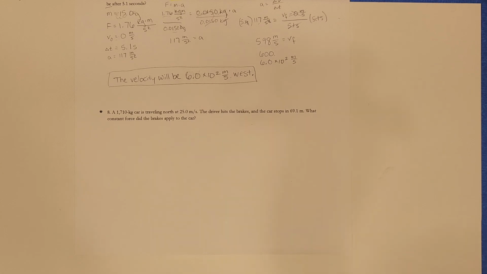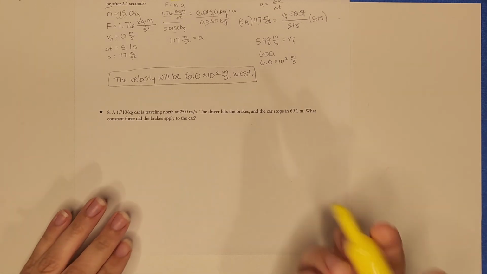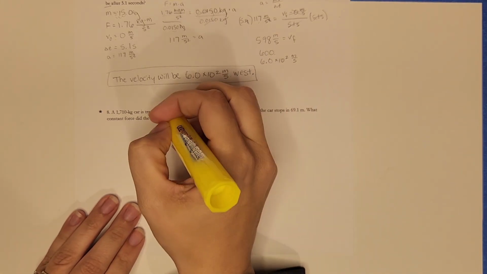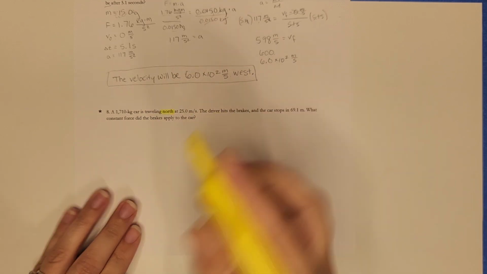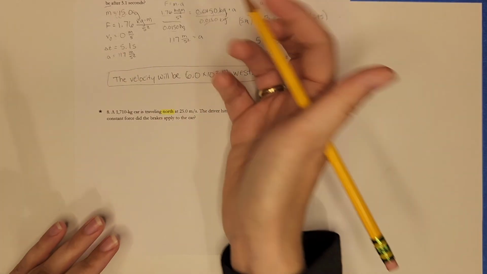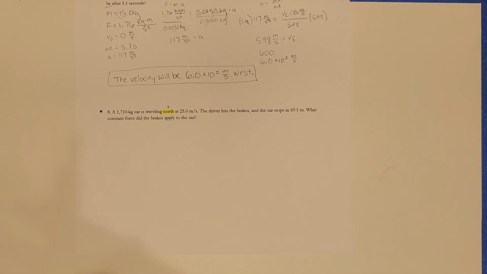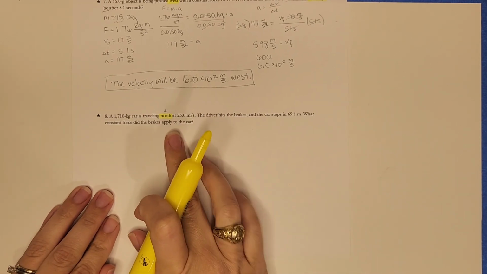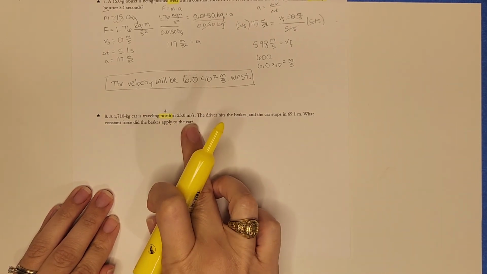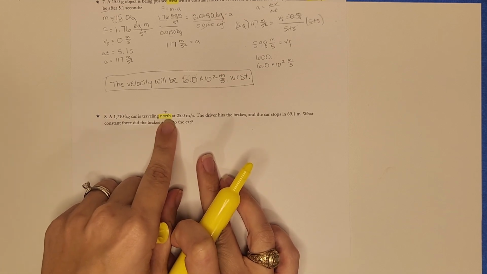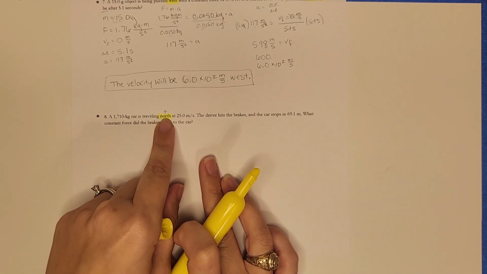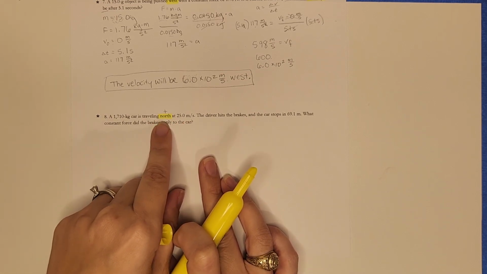Okay, so I'm going to start highlighting and underlining here. Okay, I see a direction, north. I'm going to highlight that, and I'm going to define north as positive. I have meters per second. We've already had north. I know this is velocity, and that north is part of that velocity.